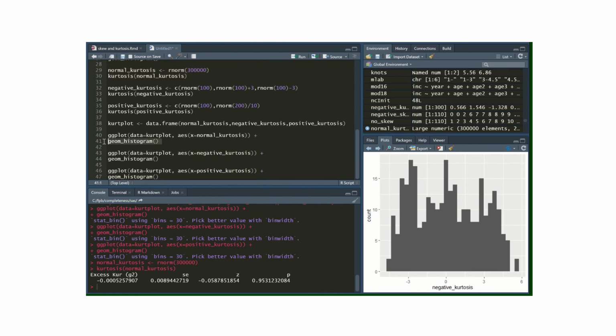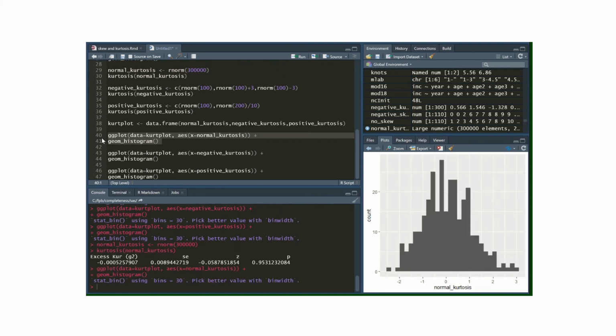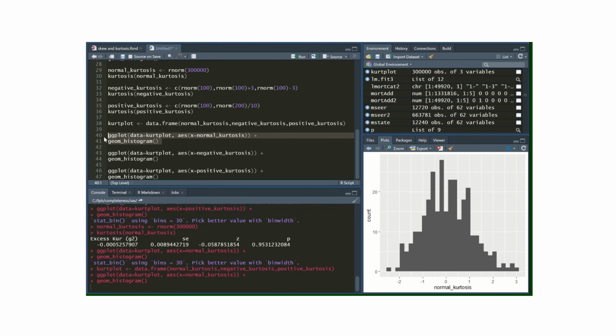If we graph that, okay, hold on, I have to recalculate the data frame in line 38, and then we graph lines 40 and 41.